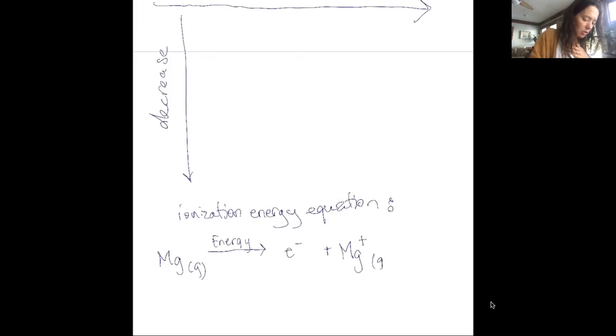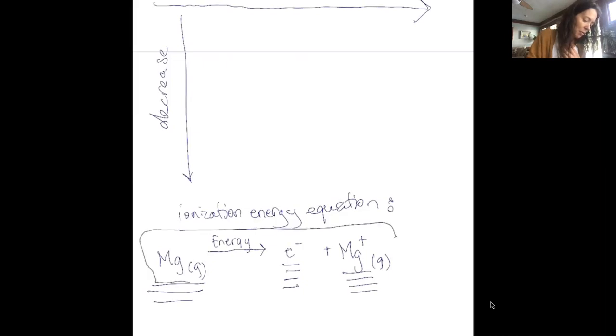And technically, these are in gaseous forms. If we have something neutral and we take something negative out of it, what we're left with is something that is positive. This is an ionization energy equation. It's not a mathematical equation. It's more of a chemical nature of equation. It shows what happens when we remove the electron.